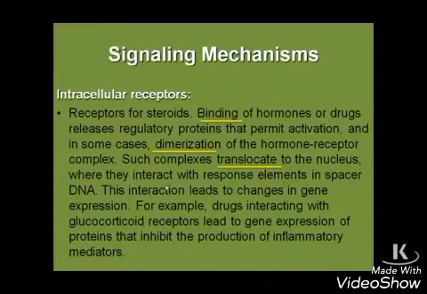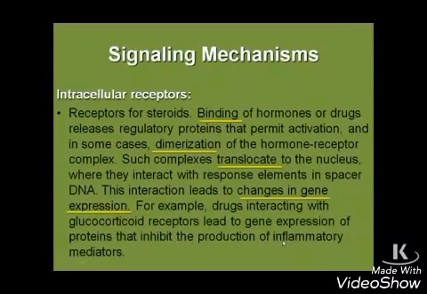That particular interaction is going to lead to changes in gene expression. Okay, so clearly you're familiar with this type of system. If not, make sure you read through and get comfortable with this. You might think about drugs such as glucocorticoids, binding to glucocorticoid receptors and changing gene expression, for example, of proteins that inhibit inflammatory mediators.